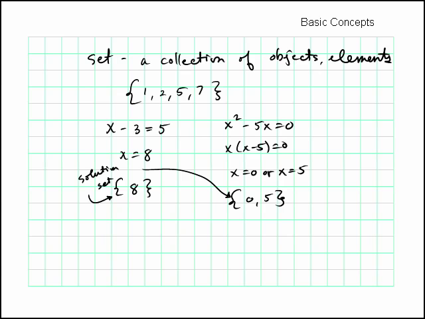Now, set builder notation looks like this. This means the set of x, or the set of all x's. The bar means such that x has this property.